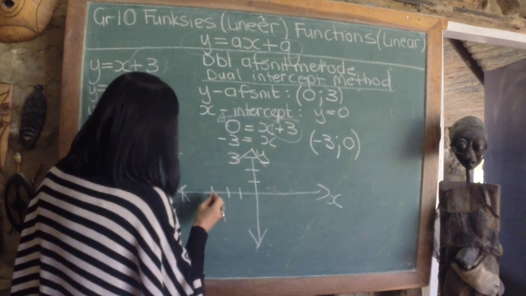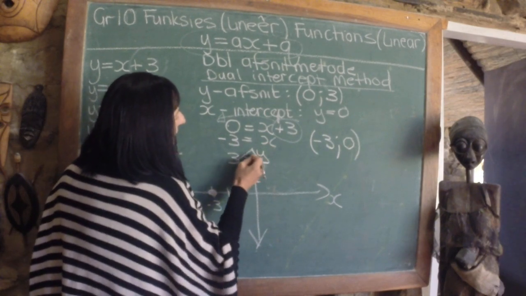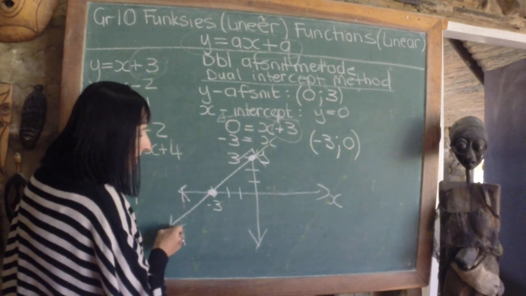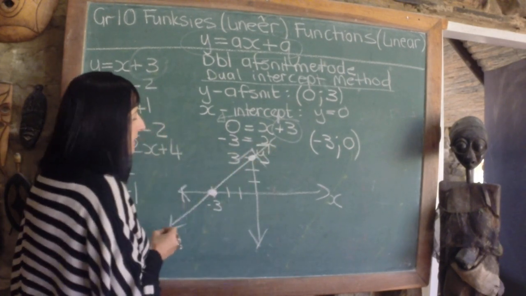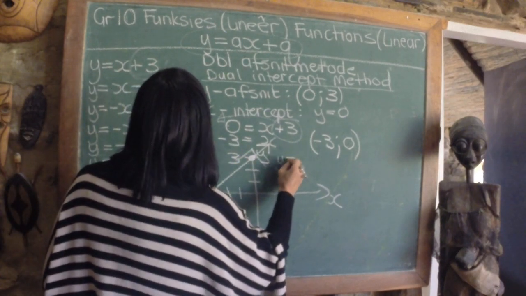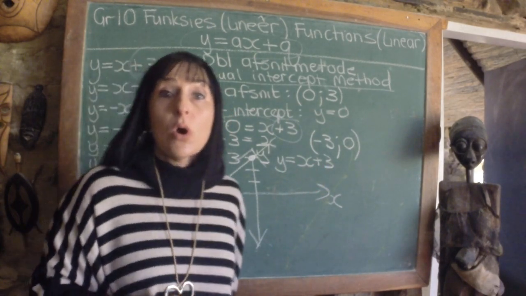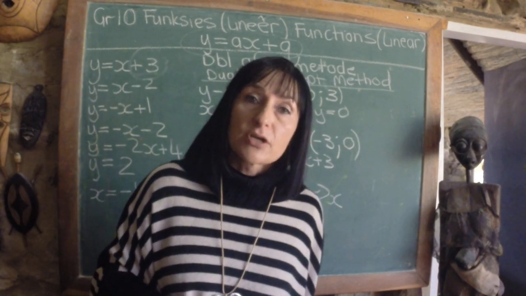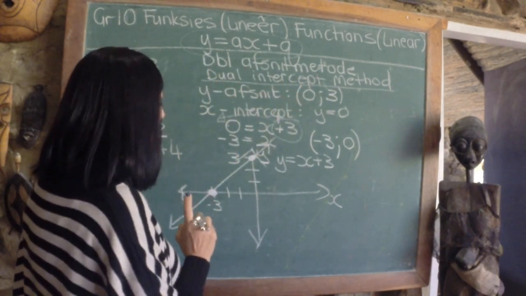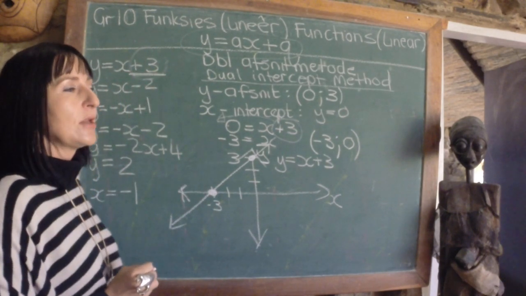So nou gaan ons, en ons teken 'n kolletjie op minus 3, en y op plus 3, you draw the line through the 2 points, that's all that you need. Jy het net 2 punte nodig, skryf die naam van die funksie neer op die lyn, and voila, you've drawn your linear function, jou reguit lyn. Met die metode, dubbel afsnit metode. Why this method? Because you've got a Q value that's not 0.